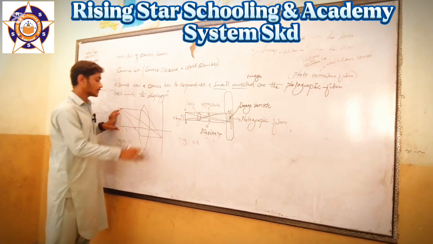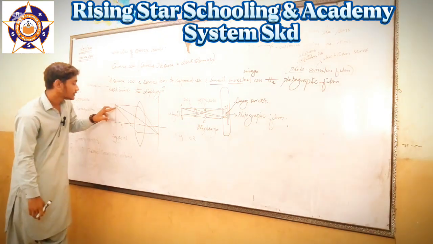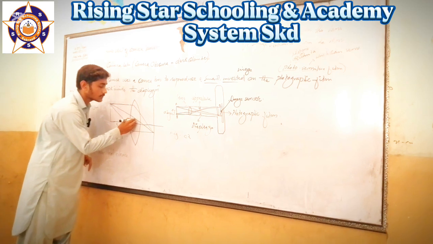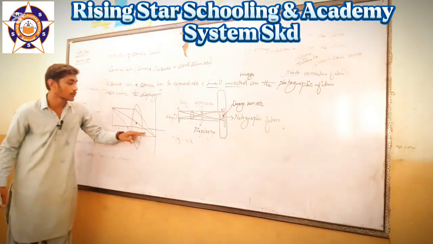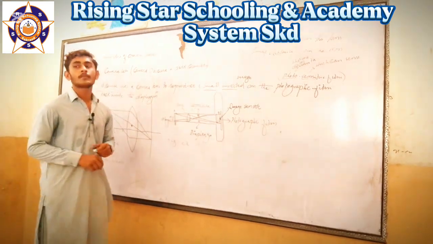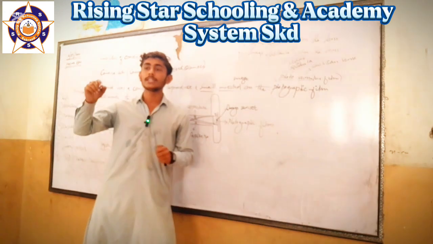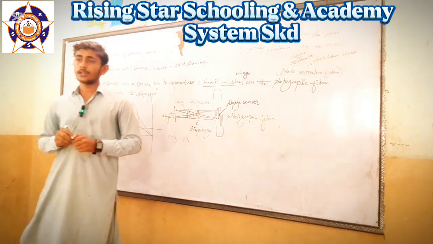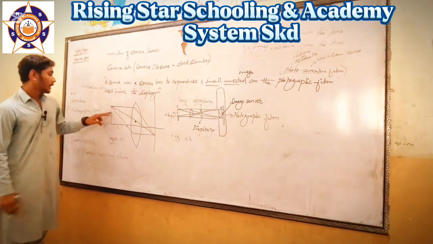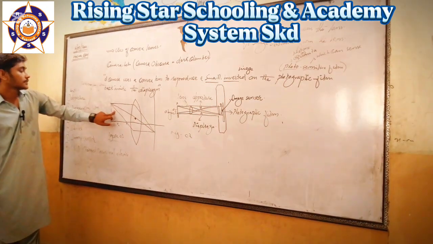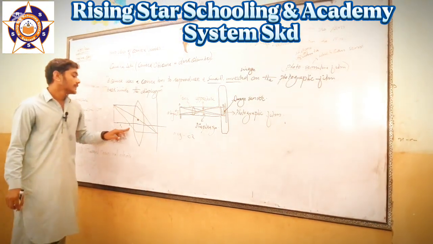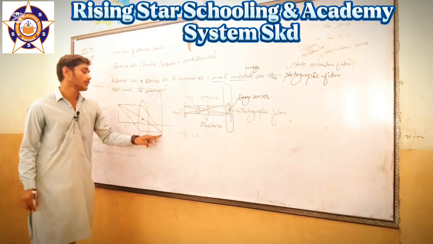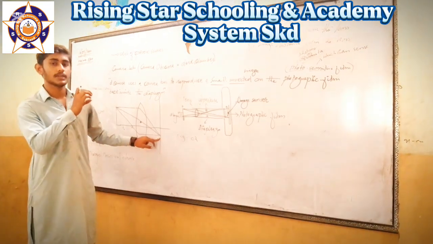The next ray, which passes through the origin of the lens, doesn't refract, because we have studied that whenever a ray passes through the origin, it won't bend. The other ray, which passes from the principal focus, will refract, and these rays will converge on a point.